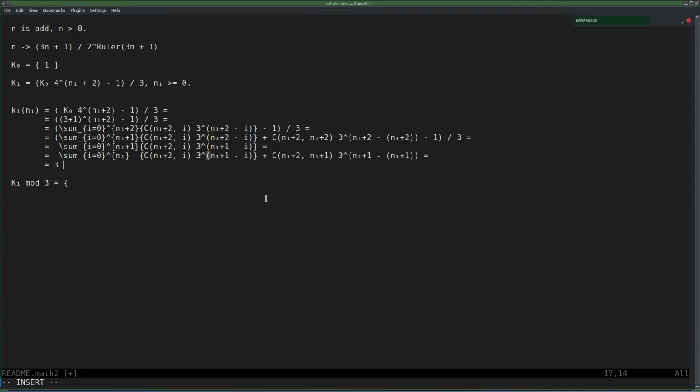So I'm going to write this as 3 times the sum. And then we subtract another one. And this thing here we can write as well, the binomial of n1 plus 2 comma n1 plus 1 equals n1 plus 2.